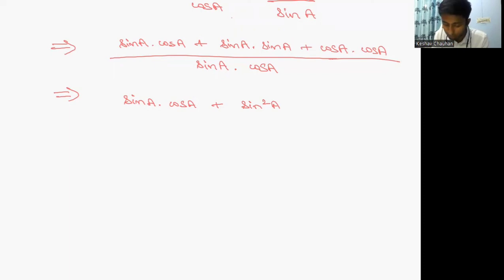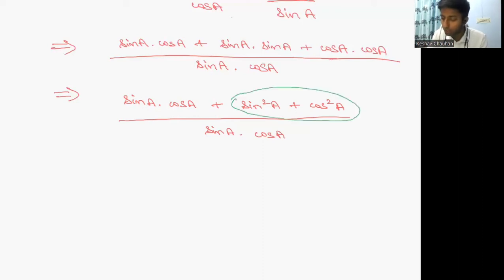So this would become sine square A, and this would become cos square A. Just before we discussed that the value of sine square A plus cos square A is equal to 1. So it would become 1.